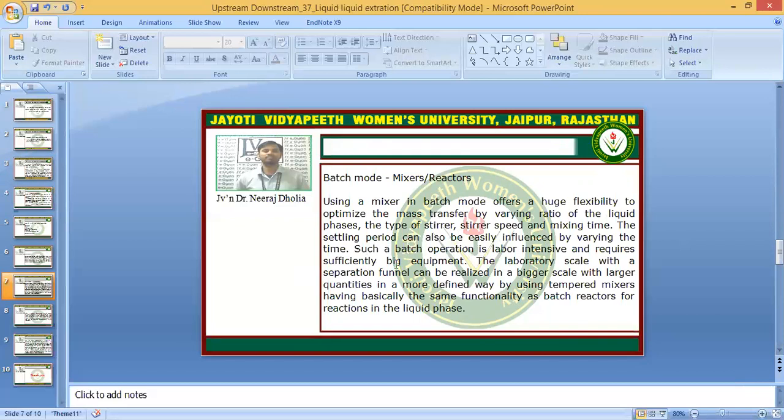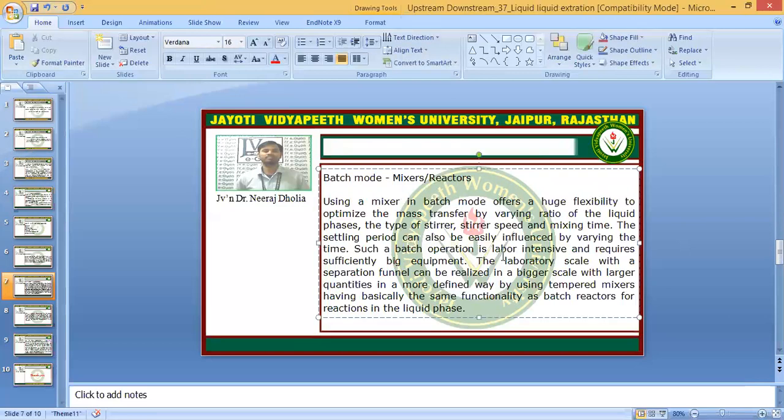So these are the variables which can be adjusted or changed according to the conditions. Batch operation is labor intensive and requires sufficiently big equipment. It can also be operated at laboratory scale, using comparatively small equipment.